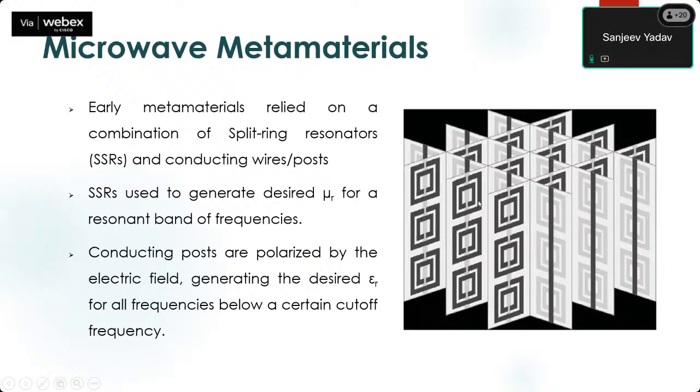So by the split resonators we can change mu, and by the conducting posts we can change epsilon. By combining these two, we can change the electromagnetic properties of the material, so that we can change mu and epsilon simultaneously.